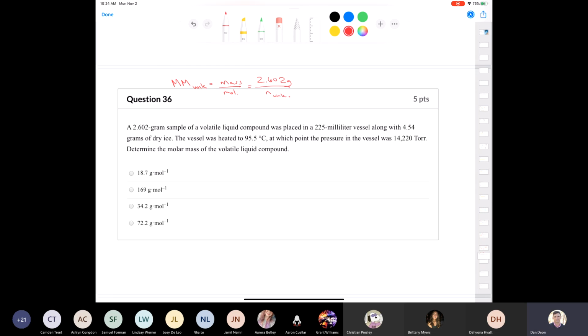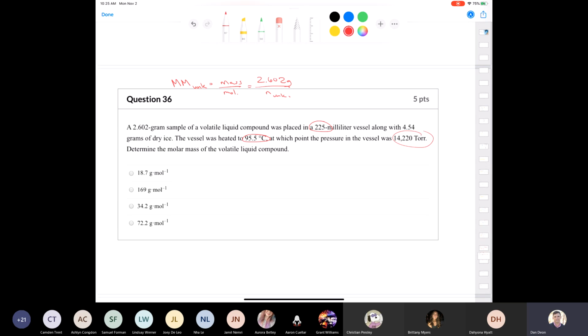Well, what I know based on the ideal gas law is that even though I'm mixing two different gases, right, the volatile liquid, and remember that volatile just means that it gets converted to a gas really easily, when I solve for the number of moles based off of my volume, my temperature, and my pressure, I'm going to get the total number of moles of gas, aren't I?